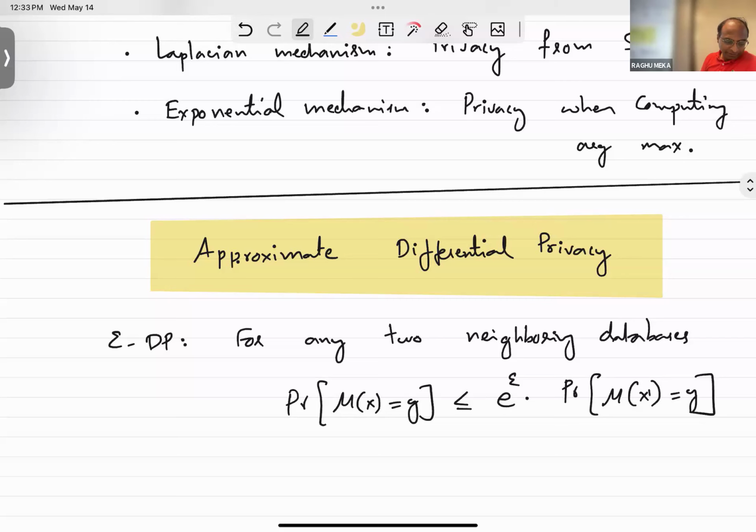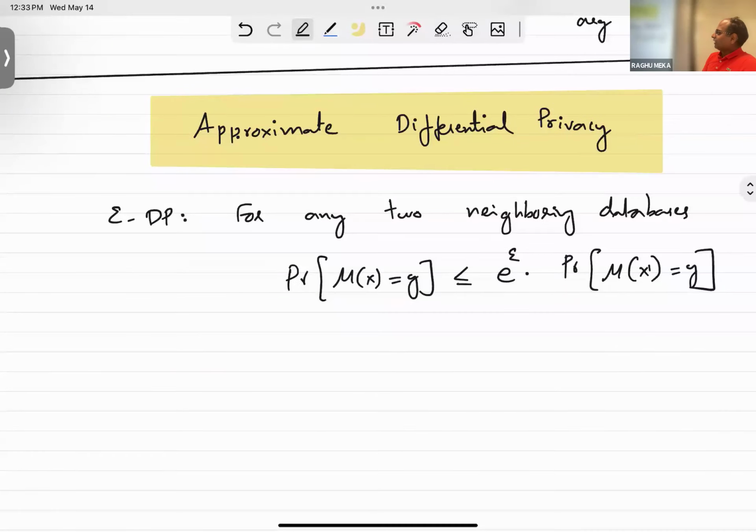One downside of this multiplicative definition is that for rare events, you still need this super strong condition.